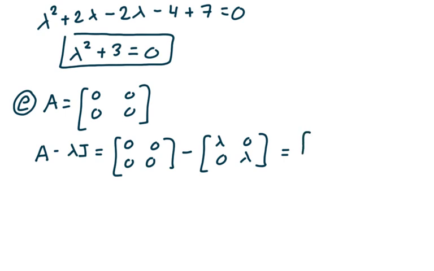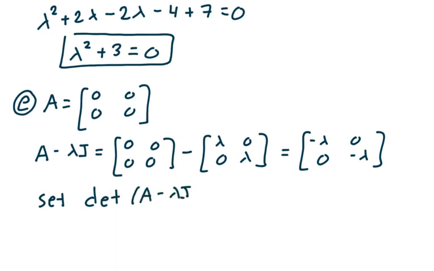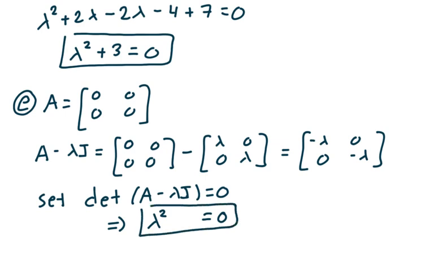And so this is going to be the matrix [negative lambda, 0; 0, negative lambda]. And so I'm going to set the determinant of A minus lambda I equals 0. And so that implies lambda squared equals 0. And that's my characteristic equation for E.